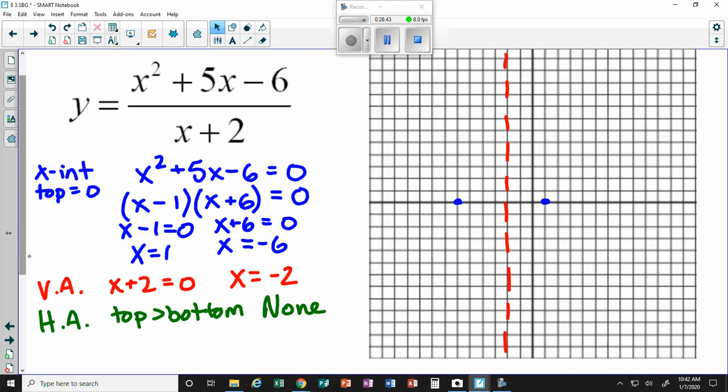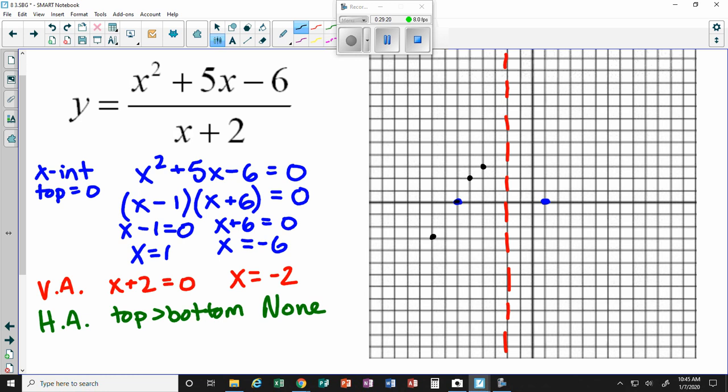Now we're going to use the calculator to look at the graph and get my table. To graph it, make sure you use the whole top in parentheses divided by the whole bottom in parentheses. From the table, x is negative 8 at negative 3, going down to negative 3, where we know it goes through 0. Negative 5 is at 2. Negative 4 is at 5.